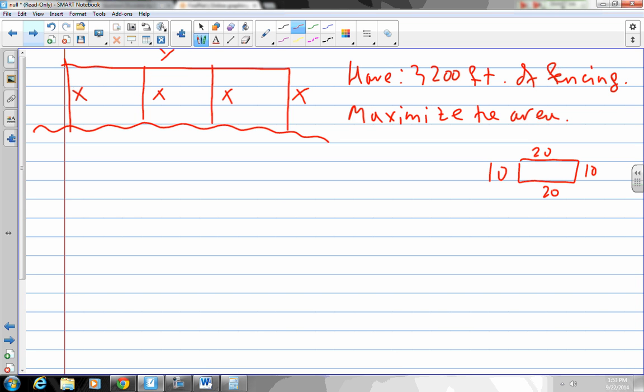The perimeter is 60, right? If you add all the sides. The area is what? 200. But if I build 5, 5, and then 25, 25, the perimeter is still 60, right? But the area is 5 times 25, which is 125. So it's a smaller area than the first rectangle, but has the same perimeter.